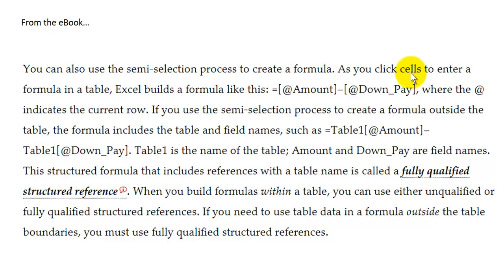We would normally refer to a cell as something like A1, B3, right? W47. Those would be cell names. But when we're working with tables, we don't talk about the cells anymore. We talk about the columns. So this is talking about a very specific cell inside of the amount column and a very specific cell inside the down pay column in that field.